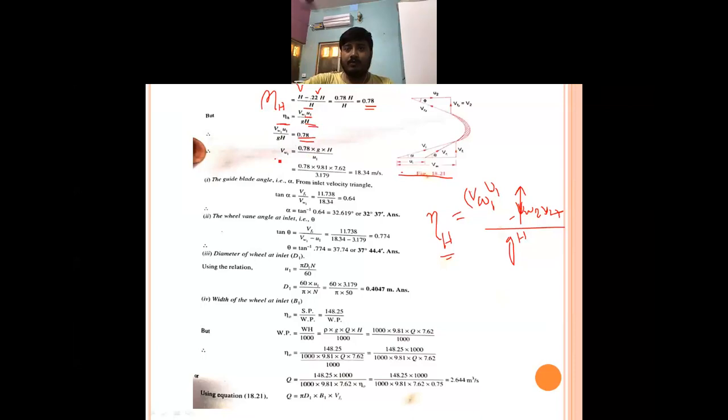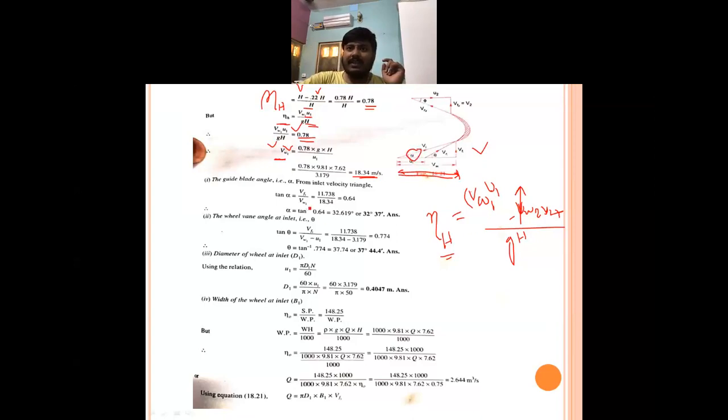So what will VW1 be? Put all the values, because we know them: U1 we have already found, g we know, H we know. So VW1 comes to 8.31 meter per second. VF1 is given, so we can find out alpha.